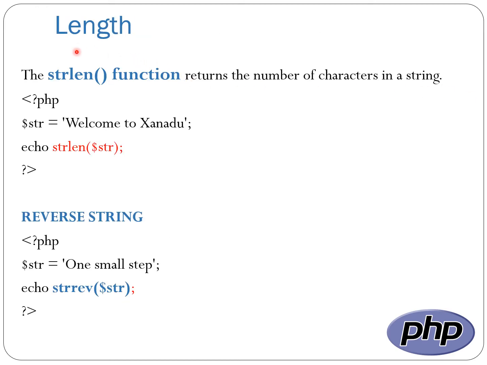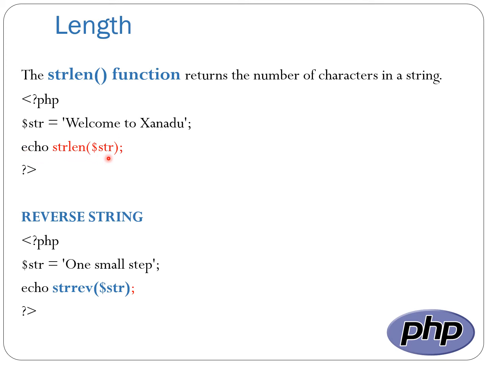The next function in string is the length function. In order to find the string length, we have a function called strlen. The strlen function returns the number of characters in a string. For example, here we have the starting PHP code. $str is equal to "welcome to Sanandu". Echo strlen of $str.